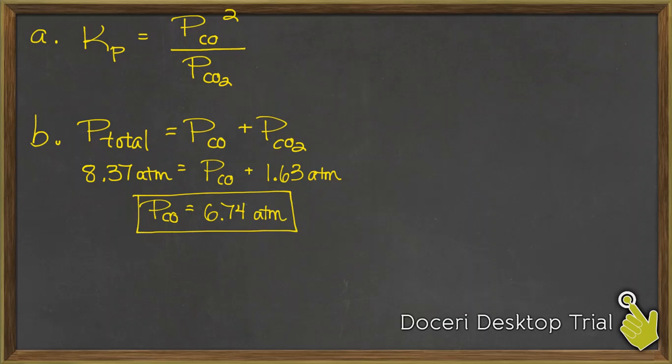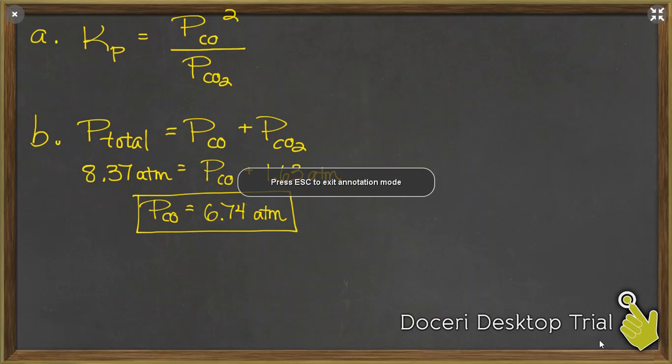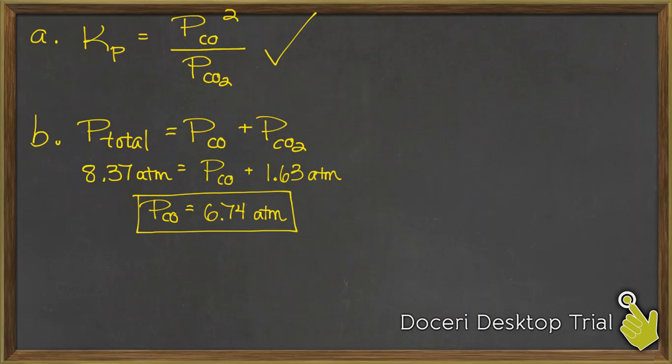So let's see what else they want us to do. We're still under part B. This is part 2 under letter B. They want us to calculate the value of Kp. Well, let's come back. I know what my Kp expression is, right? So let's set this up. Kp equals the partial pressure of carbon monoxide squared. Well, guess what? I just found it right there.